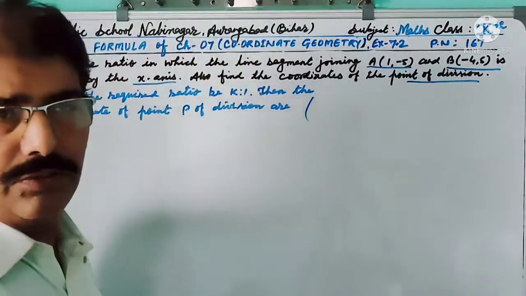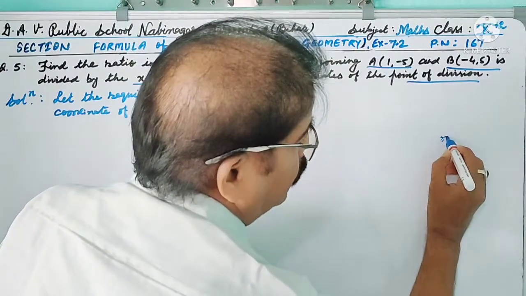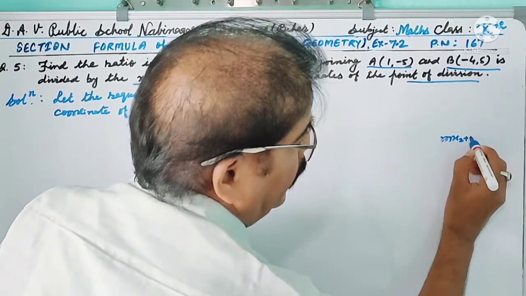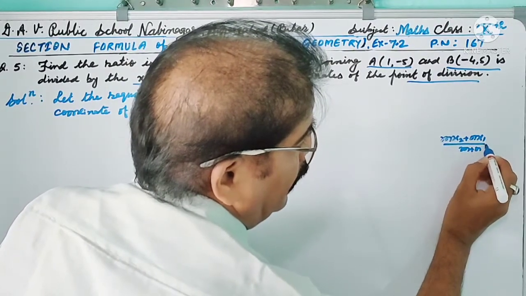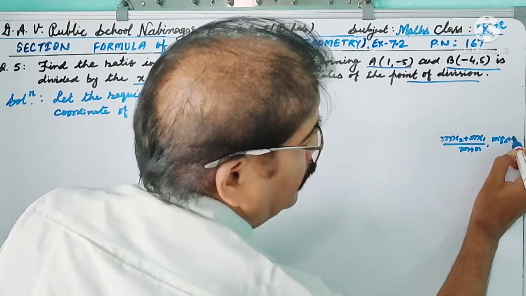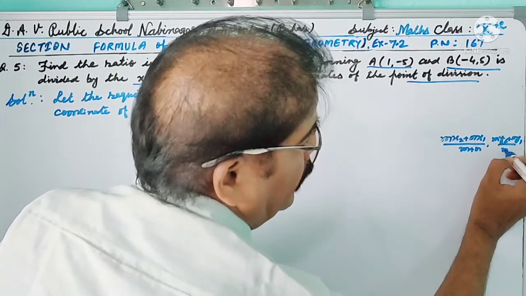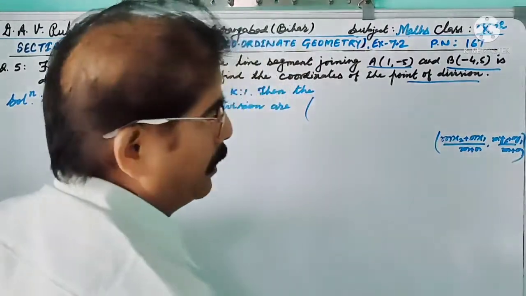Dear friends, we know that by the section formula, the x coordinate is (mx2 + nx1) by (m + n) and the y coordinate is (my2 + ny1) by (m + n). This is the section formula.